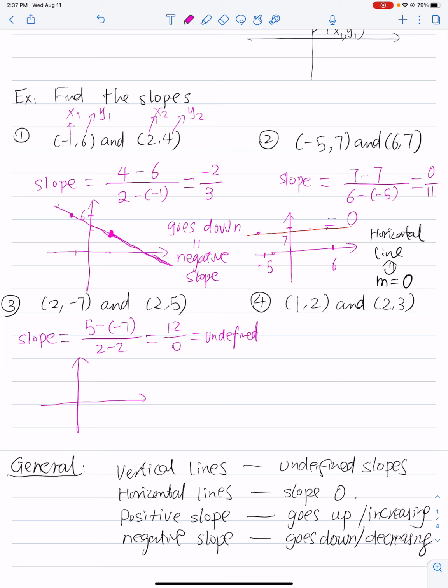We have 2, negative 7 right here, and 2, 5 right here. When you connect these two dots, what do you see? This is a vertical line. So the vertical line slope is what? Undefined.